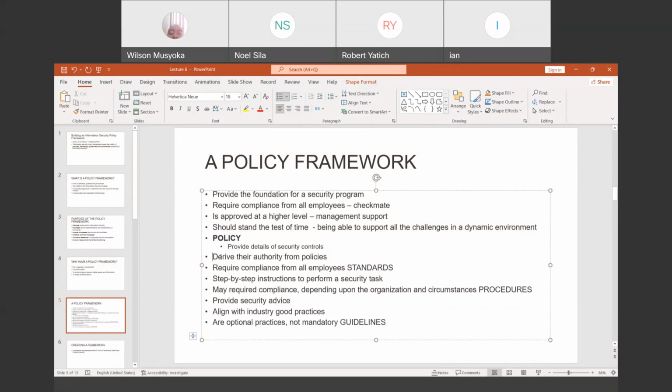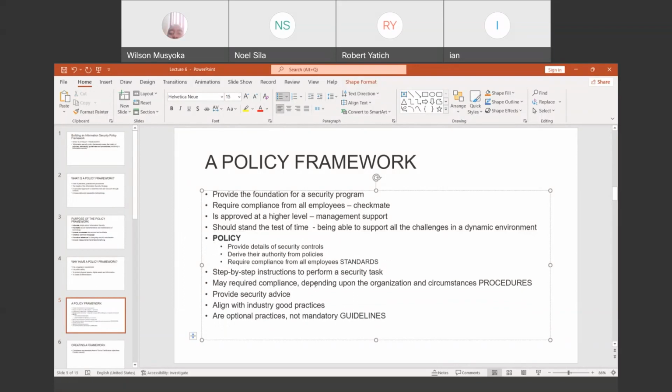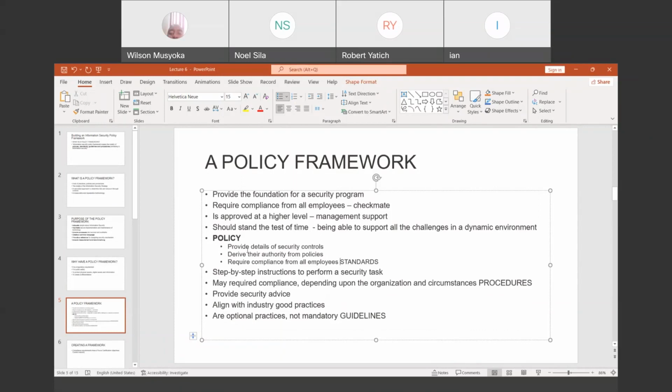It needs to derive its authority from the policies. Then it requires compliance from all the employees. So that is very important, meaning that a policy has to be adhered to.